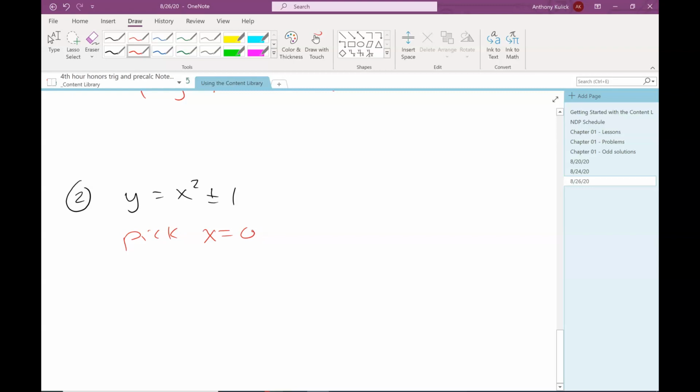Let's maybe pick 0. When I plug 0 in, 0 squared is 0. And 0 plus or minus 1 is still just plus or minus 1, right? So what this is telling us is I have 1 point at (0, -1), and 1 point at (0, +1).